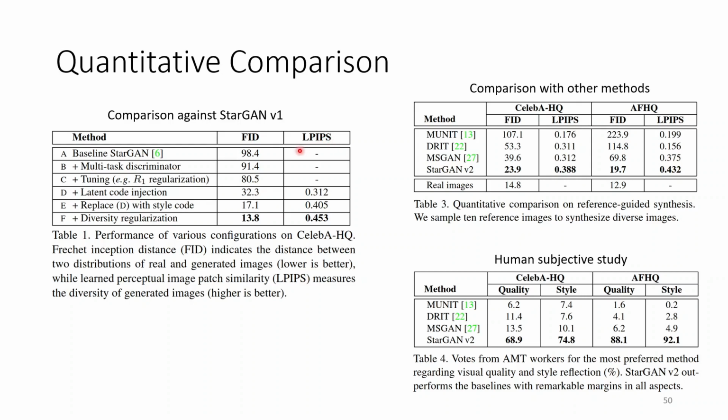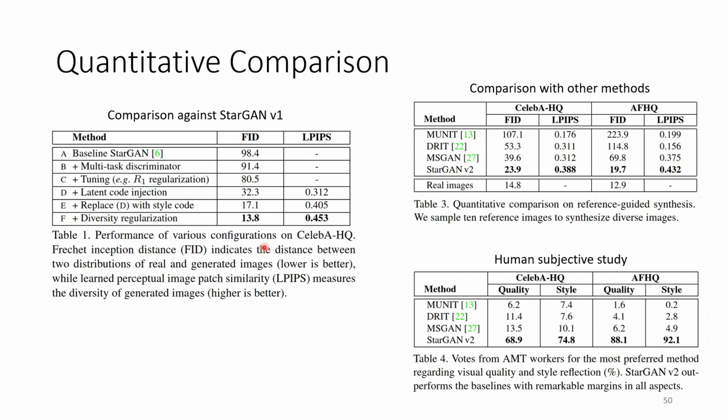For StarGAN 1, the FID value is 19.8, and with the multi-head discriminator, R1 regularization, and latent code injection, each of the new designs slightly reduces the FID value. The lower the FID value, the better. I should say, according to the assumption of the FID value, the lower should be better, but this is not always the case.